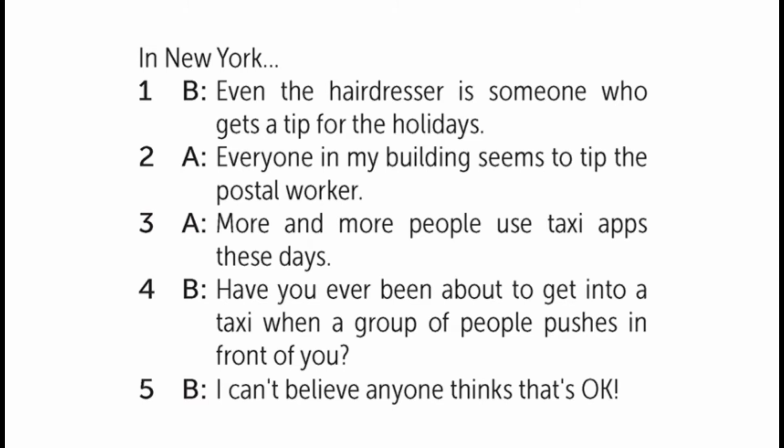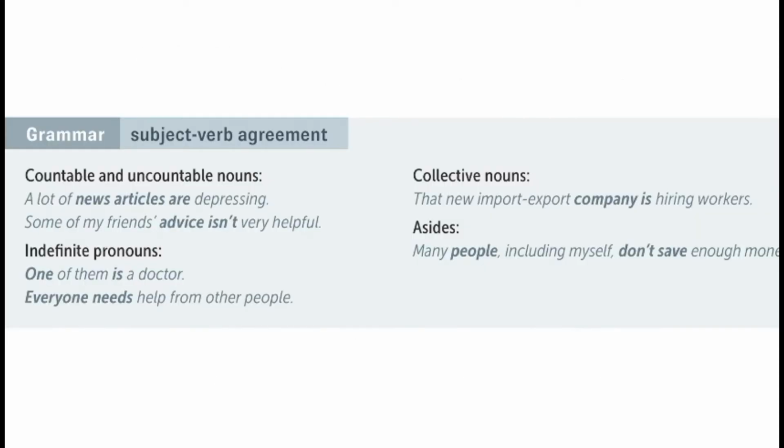And the last one, 5, I can't believe anyone thinks that's okay. Again, after anyone, we have the verb here in the singular. Anyone thinks, all right? So let's study and learn this grammar point. Subject-verb agreement.